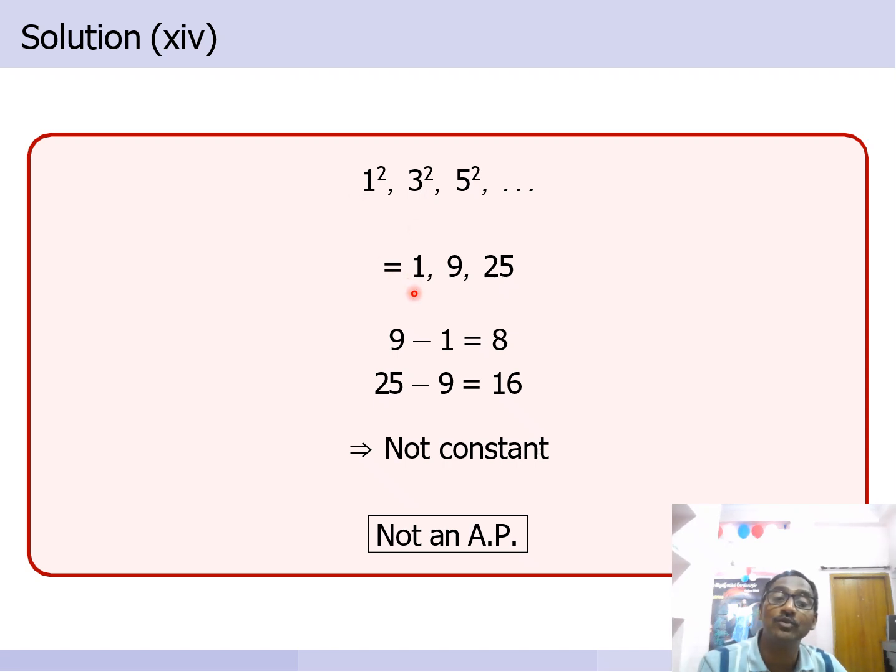That is, 1 square means 1, 3 square means 9, 5 square means 25. So 9 minus 1 is 8. 25 minus 9 is 16. These two are not equal. So this is not constant, right? That's why this progression is not an arithmetic progression.